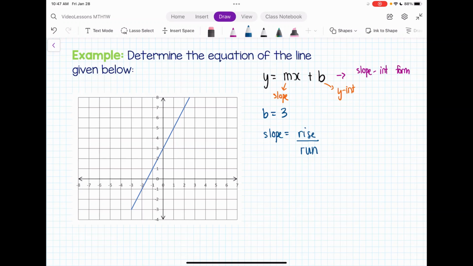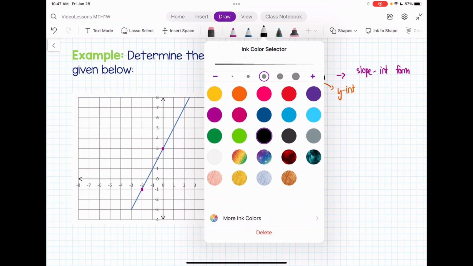What we're going to do then is find 2 points that we can see clearly on our graph. And when you're looking for 2 points that are clear, you start on the left-hand side because we read from left to right. So a point that I can see is over here, and I'm going to pick another point that I can see up there. And then we count rise over run.